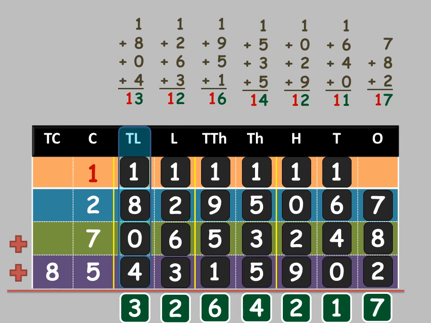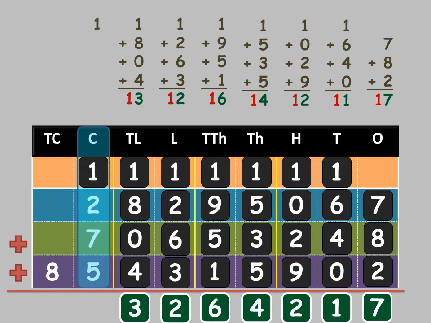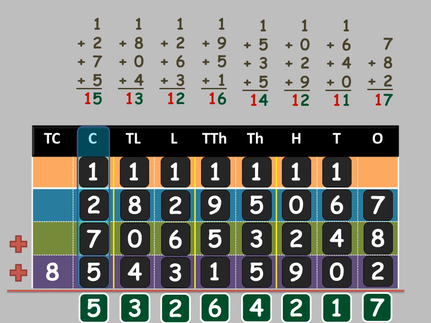Step 8. Then add the digit of crore place. 1 plus 2 plus 7 plus 5 is equal to 15. That is 15 crore is equal to 10 crore plus 5 crore. So 5 we will write in crore place and carry 1 to the 10 crore place.